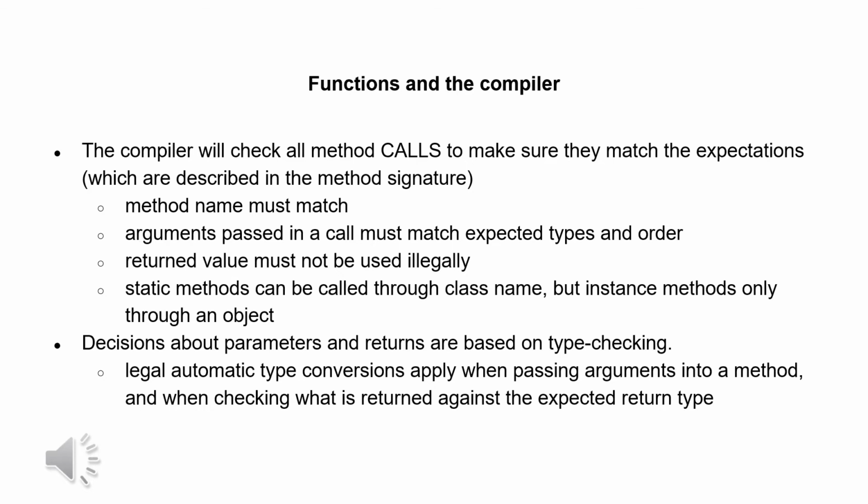When you are going to use the parameters for calling your method, or when you are going to assign the return value of a method as a value for a variable, if the types do not match, right, then a legal automatic type conversion will happen.